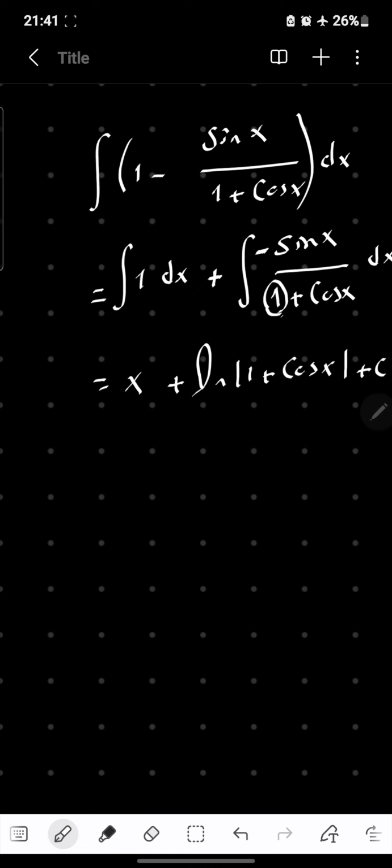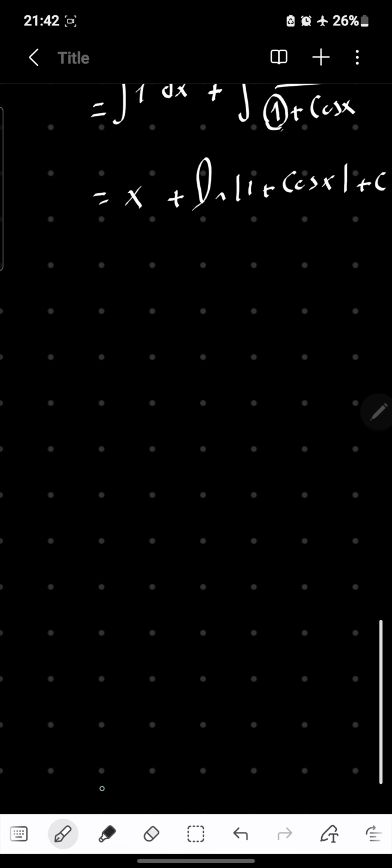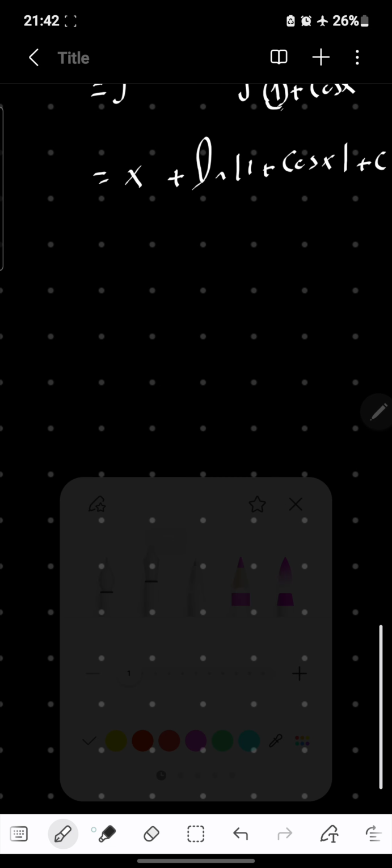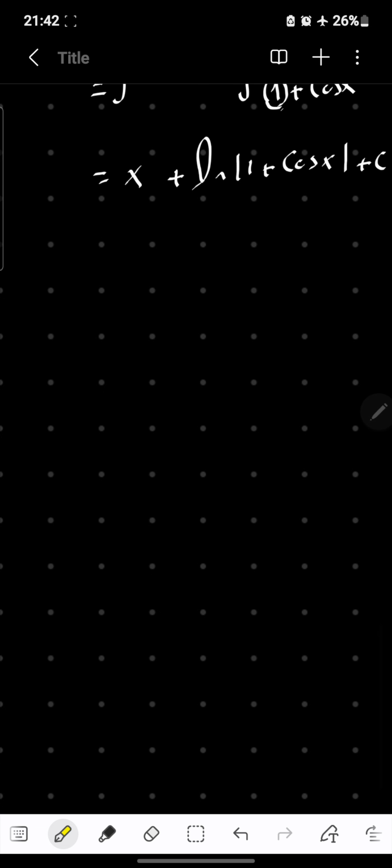You can review them from the lecture. Now I think we have many examples in our lecture. Let's try to solve one of them, but let me give you these important rules about inverse trigonometric functions.